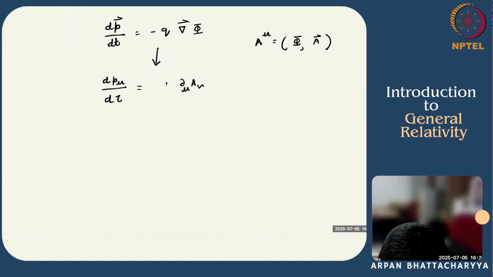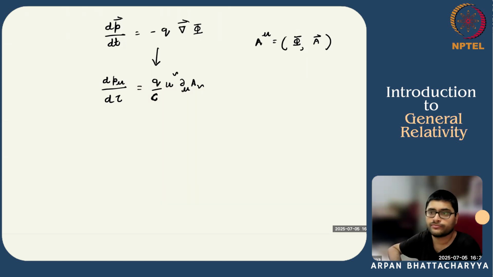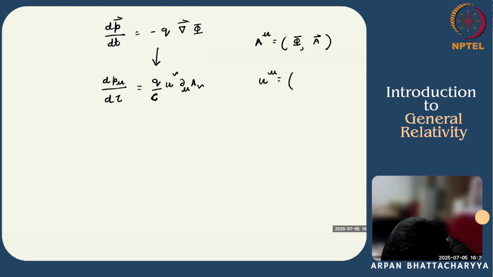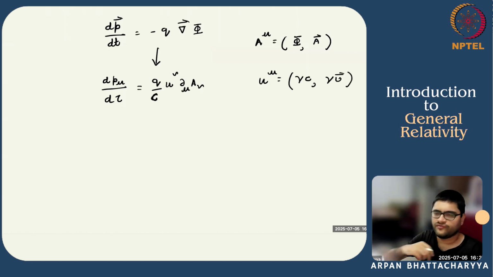So we demand that it be contracted with the 4-velocity u nu, with q by c in front. This is the correct Lorentz covariant generalization of this equation. Remember, u mu is the relativistic 4-velocity, the zeroth component being gamma times c, and the spatial components gamma times v, where v is the three velocity with which this point charge is moving.